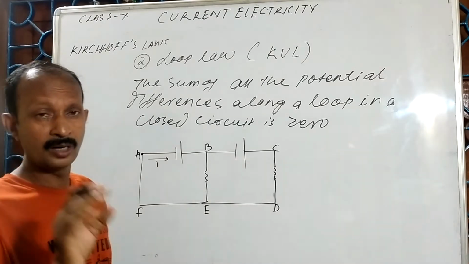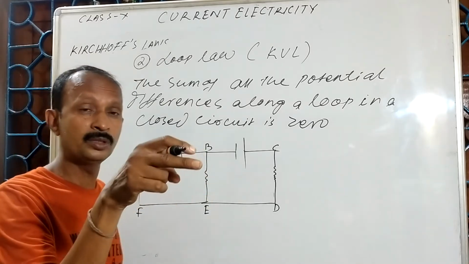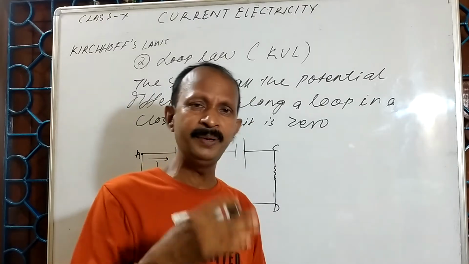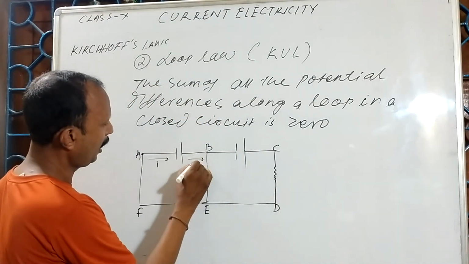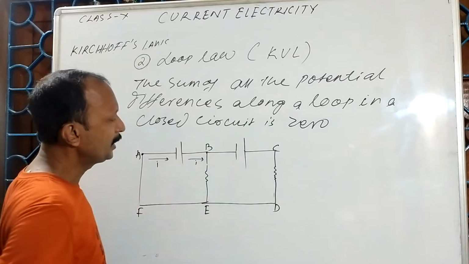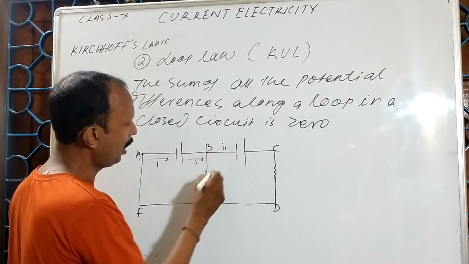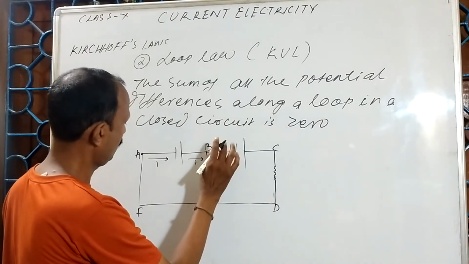So according to the junction law, the amount of current entering the junction is equal to the amount of current leaving the junction. That means the current I ampere came here. Thereafter it divided into I1 here and I2 here.